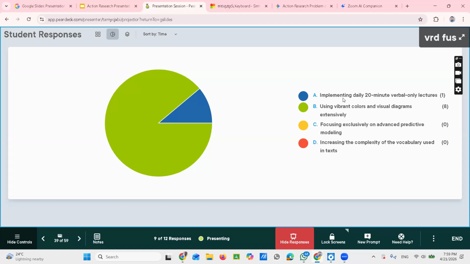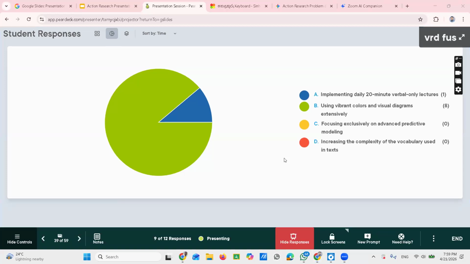One of the techniques the teacher follows is using vibrant colors and visual diagrams. Therefore, the answer should be the second one, B. One answer from the chat box also says vibrant colors and visual. That's also correct. Now all of you marked the correct answer.